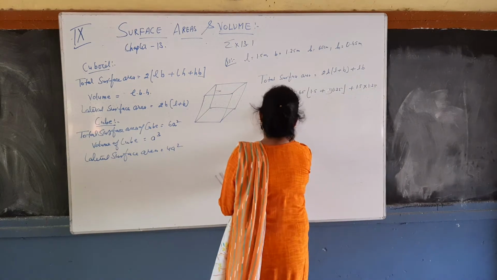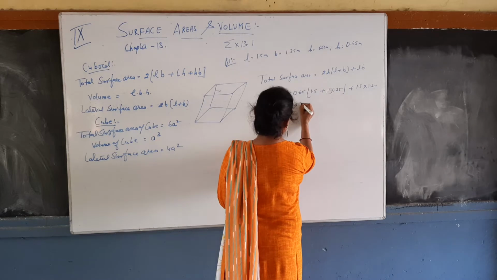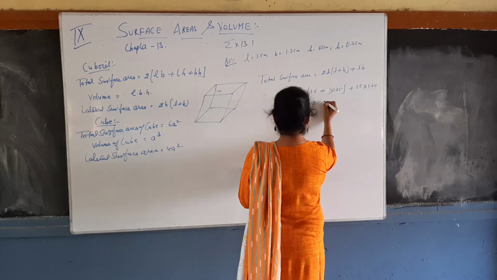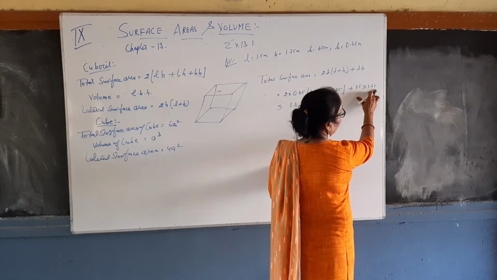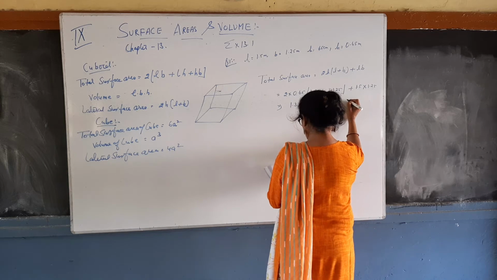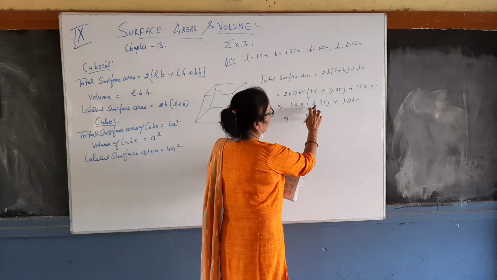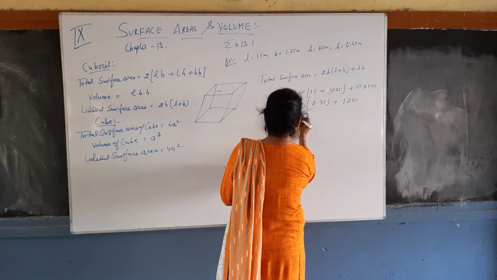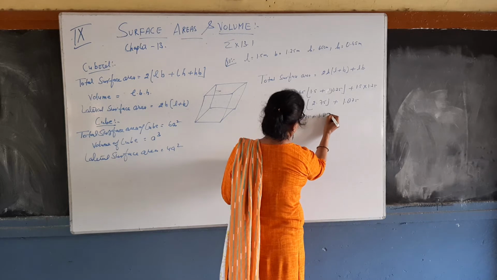So if you multiply, 1.3 into 2.75 will be 3.575, plus 1.5 into 1.25 is 1.875.